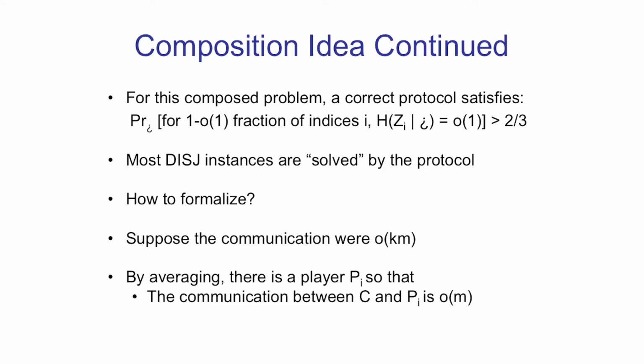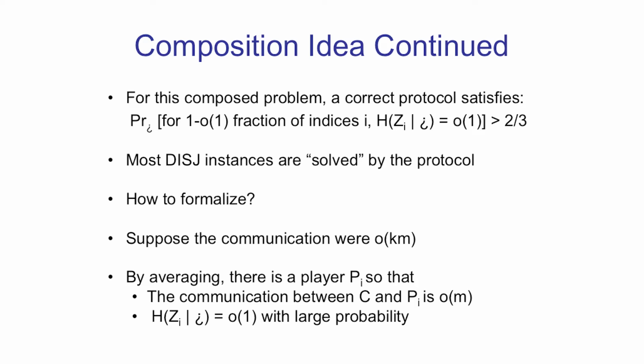The total communication is much less than k times m, and there are k players, so typically, between the coordinator and one of these players, the communication is much less than m. Now, the second thing is, we know that for a typical transcript, most of these input bits have their entropy getting reduced.